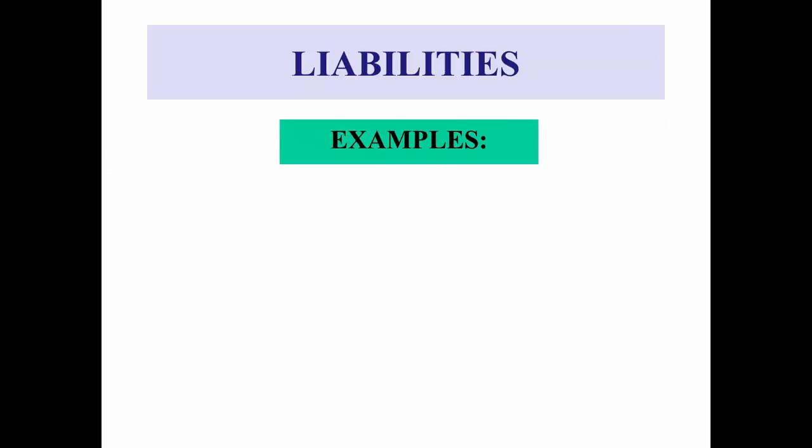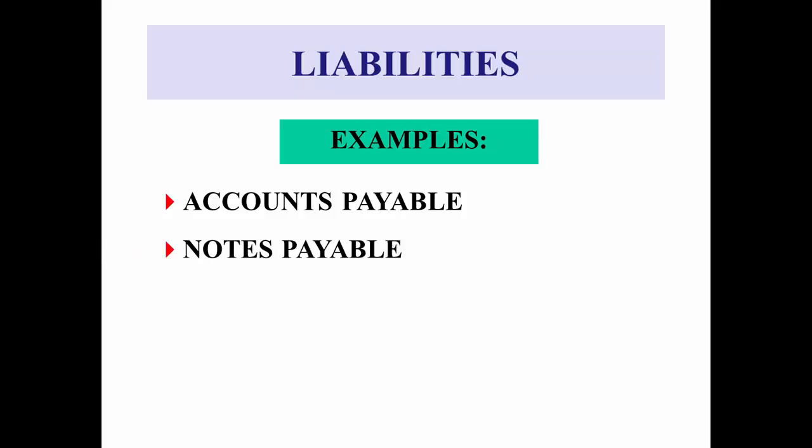And here are some examples of liabilities. Accounts payable means we owe out to a vendor. Notes payable means we've signed a promissory note and we owe out typically to a bank.